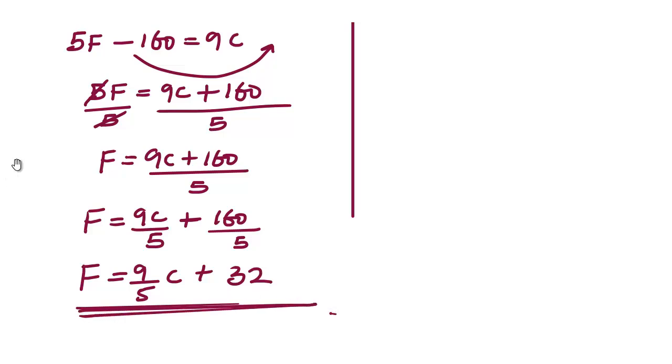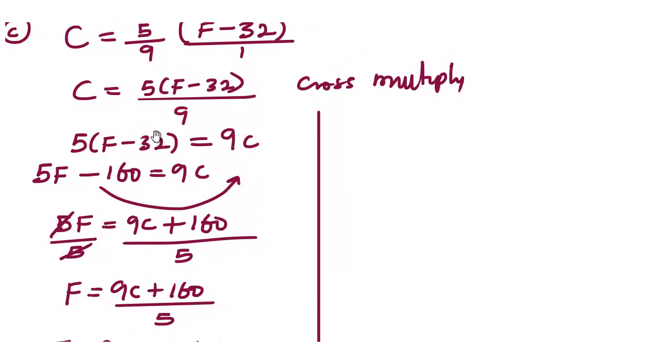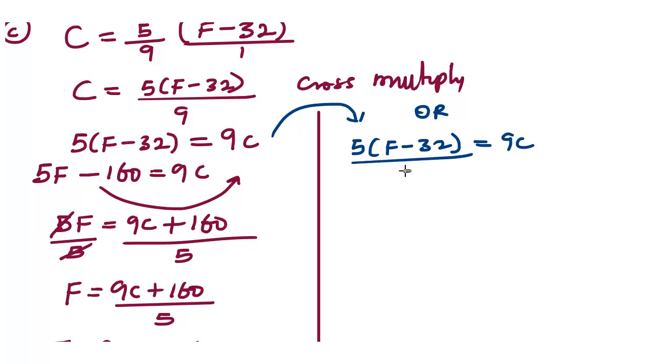I mentioned the other time that with this equation, instead of opening the bracket, I can decide to divide both sides by the coefficient of F minus 32. So if you have 5 into bracket F minus 32 equal to 9C, let me divide both sides by 5. This cancels this.